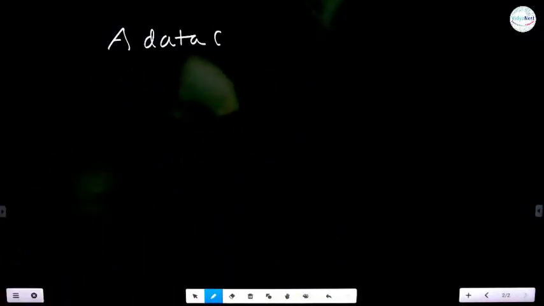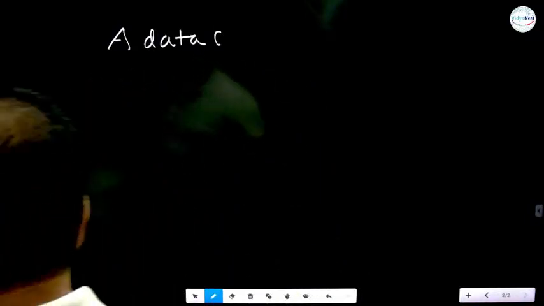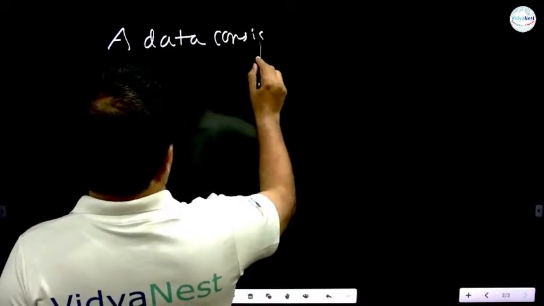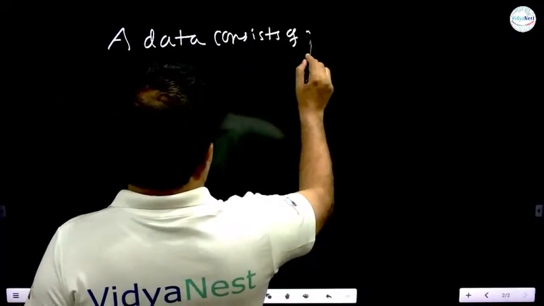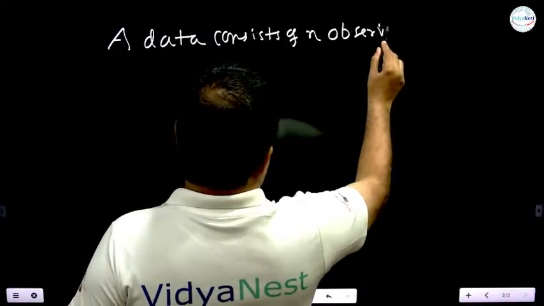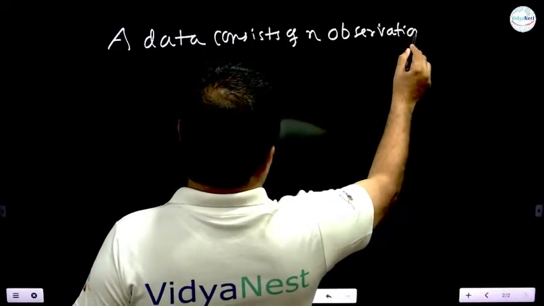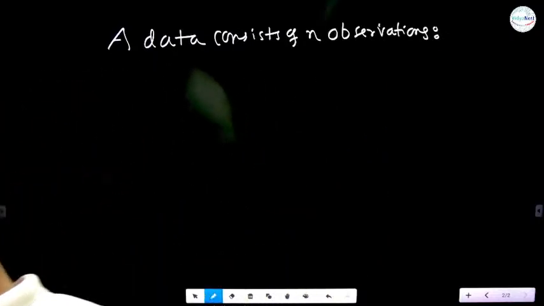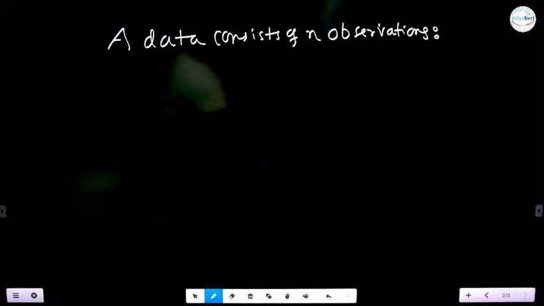Now a data consists of n observations. What type of observations?